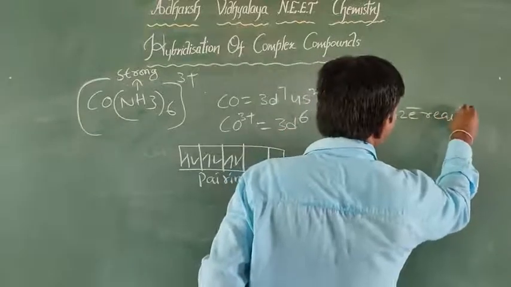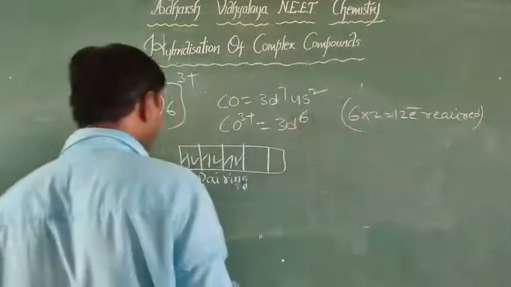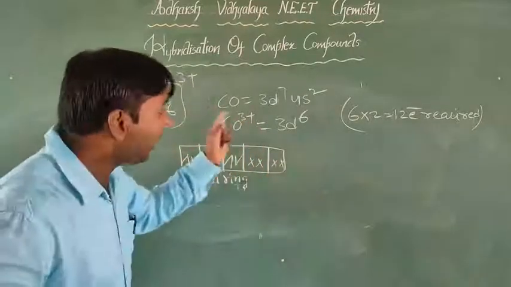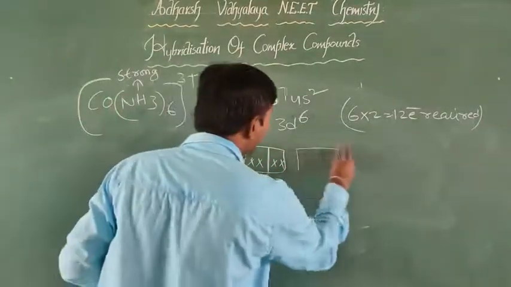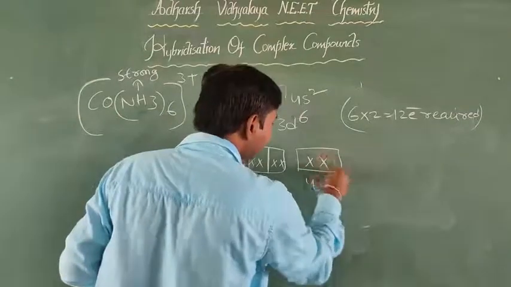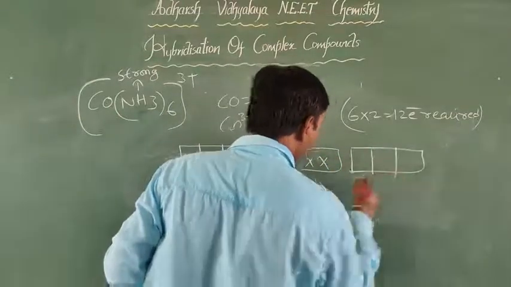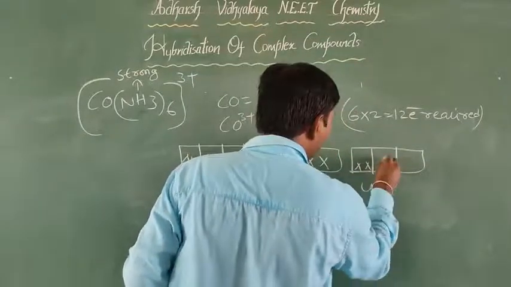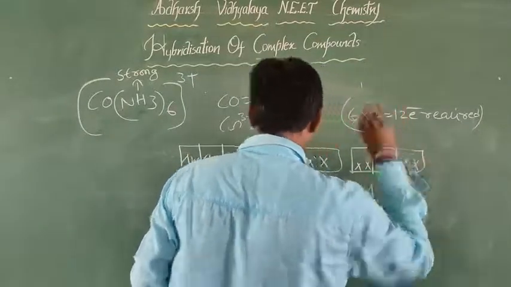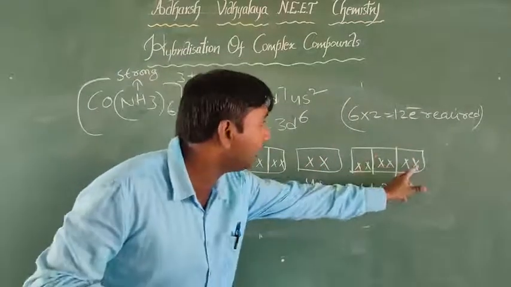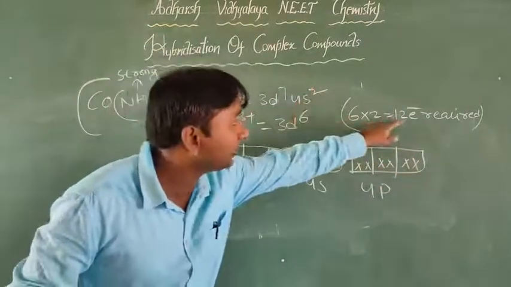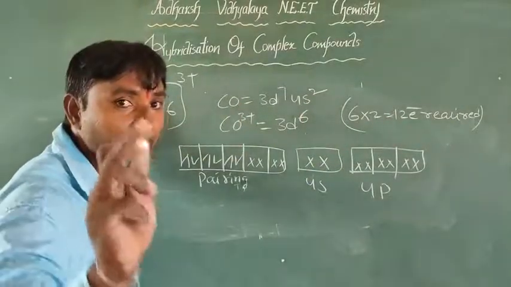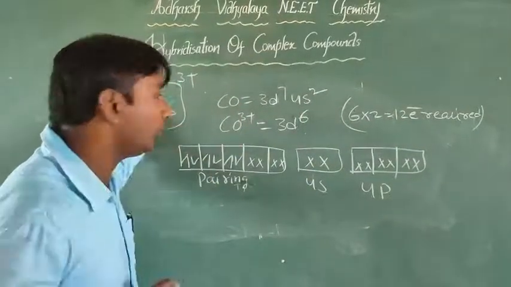The remaining electrons are filled in 4s and 4p. So how many electrons are required? 12 electrons. Why? 6 ligands, 6 bonds, and 1 bond equals 2 electrons.